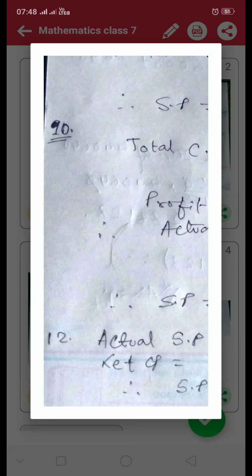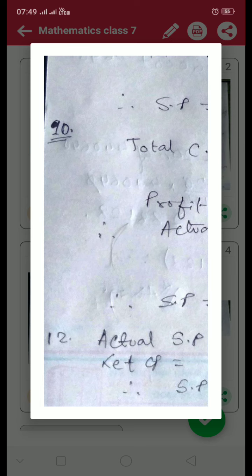Now come to question number 12. Preeti bought a table for rupees 25,000 and spent some amount to get it polished. That polishing cost you have to find out. And she sold it for rupees 36,000, making a profit of 25%.